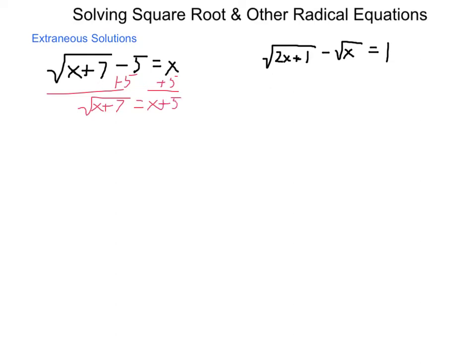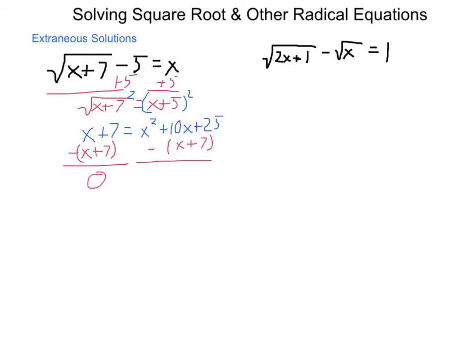Now, since I have a square root here, I need to square both sides. On the left-hand side, that gives me x plus 7. And that has to equal x plus 5 squared, which comes out to be x squared plus 10x plus 25 if we FOIL it by itself. Now, solving a quadratic, I'm going to subtract x plus 7 from the left and subtract x plus 7 from the right.